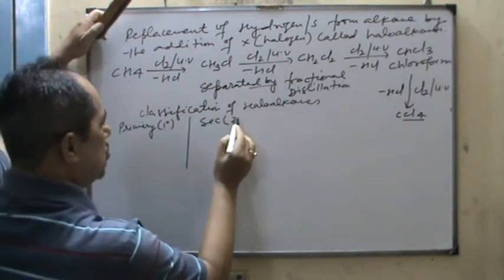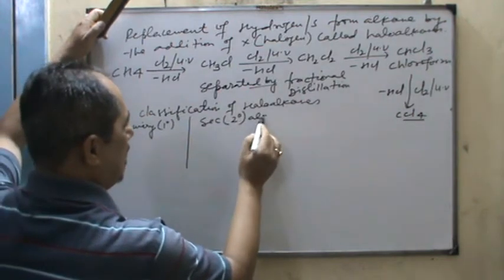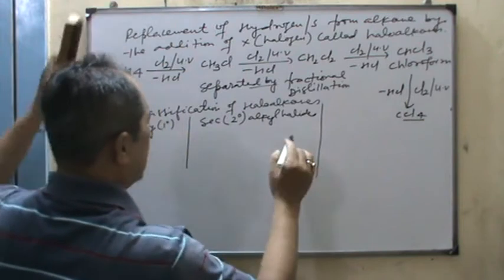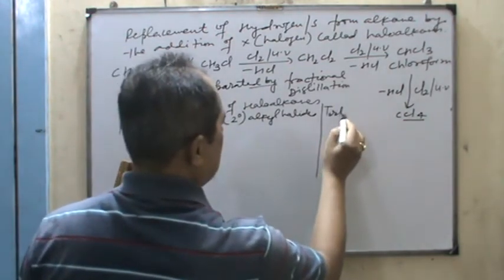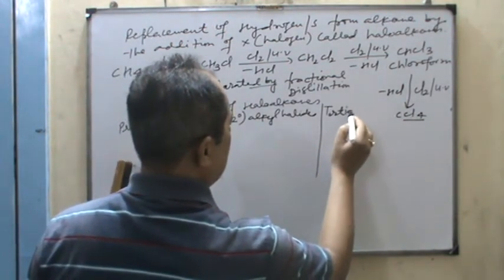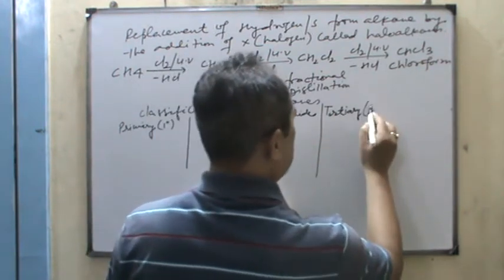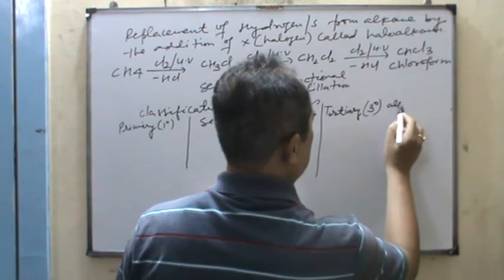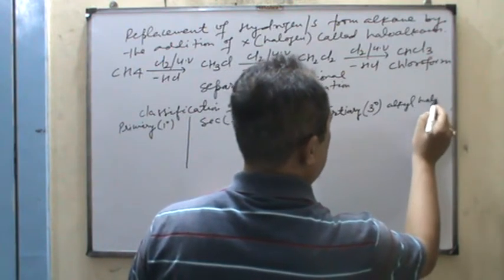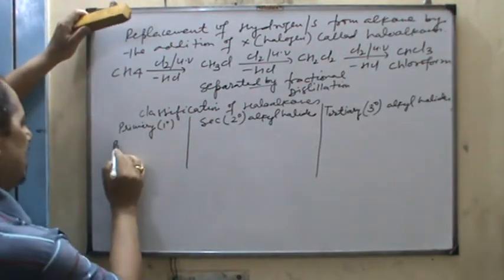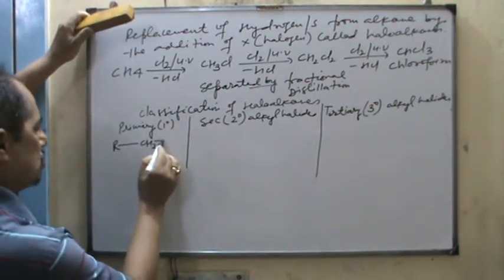Secondary means 2 degree alkyl halides, and tertiary means tert, or tertiary, that stands for 3 degree alkyl halides. So once you write 1 degree, that is RCH2X.